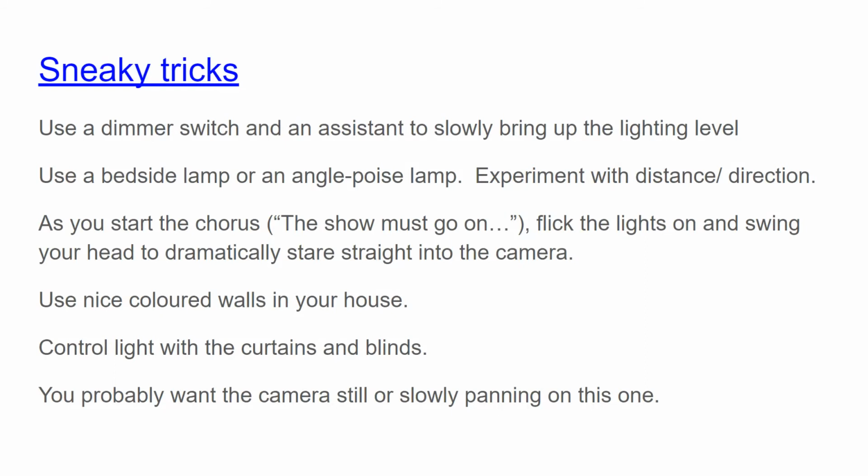Now, some sneaky tricks. Use a dimmer switch if you've got one, and ask an assistant to slowly bring up the lighting level during your video. Bedside lamp or an angle poise lamp. They're really handy because you can move them around or move yourself around near them. You can have them behind you, in front, pointing up, pointing down.